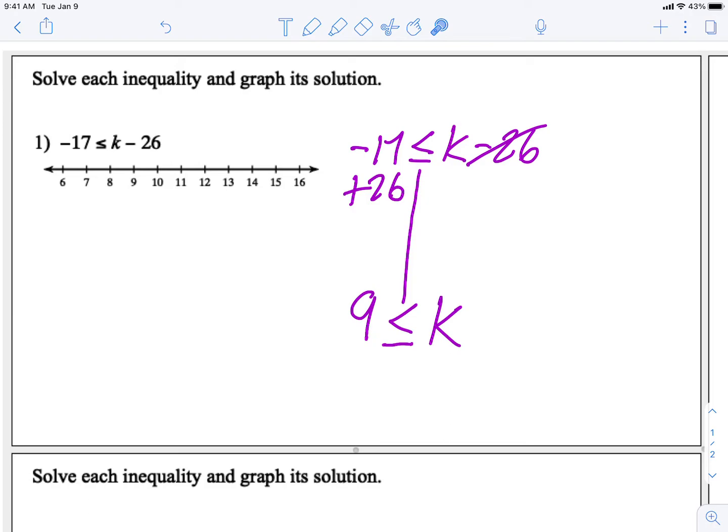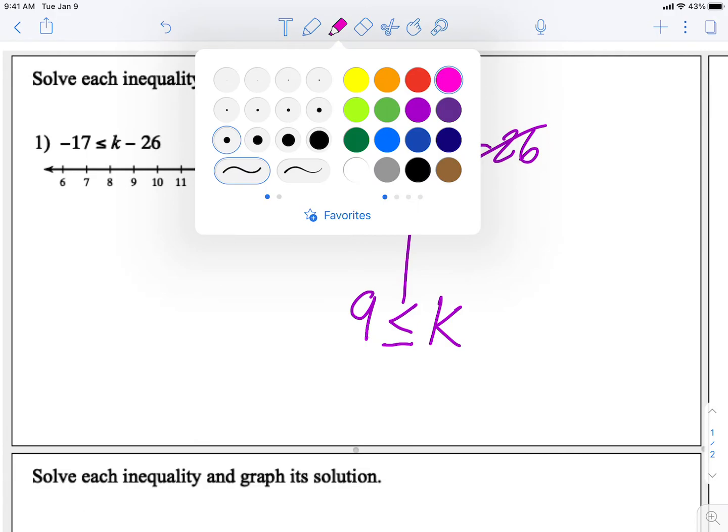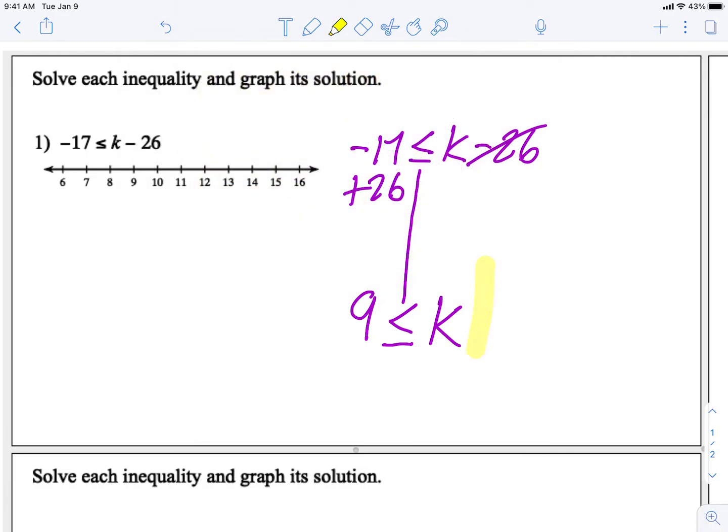Now remember, I encounter a problem here. I want k to be on the left of the arrow, but right now k is on the right of the arrow. So if you recall, I'm going to use a mirror. Here is my mirror. Whenever I mirror things, everything becomes the opposite.